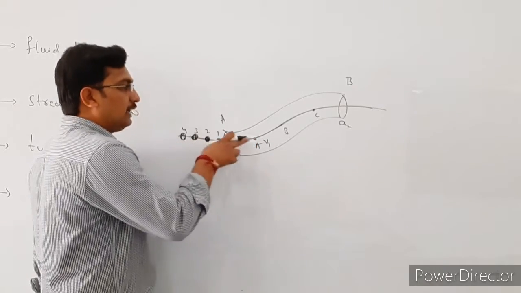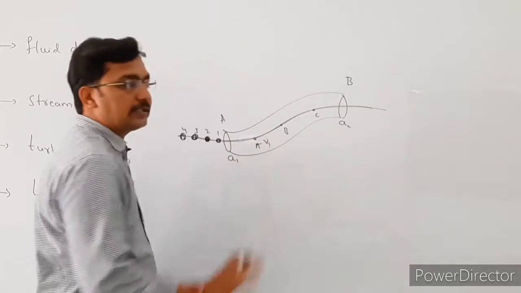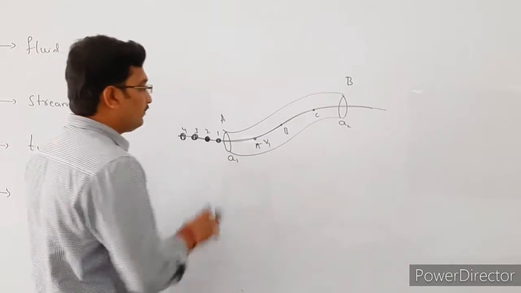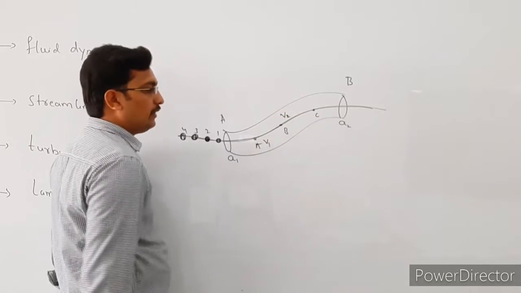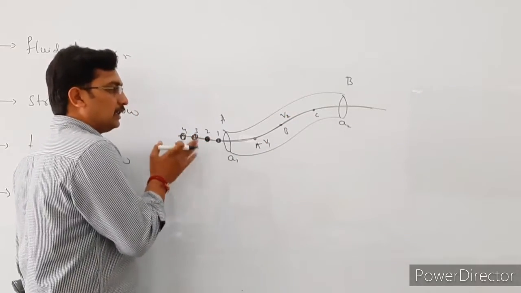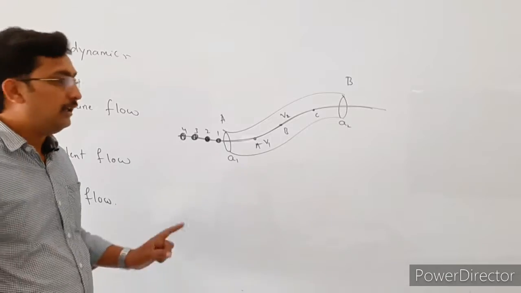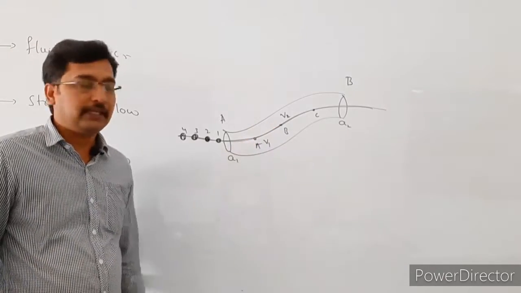If the third particle reaches point A, its velocity is v1. Similarly, if the particles reach point B, the velocity is v2.